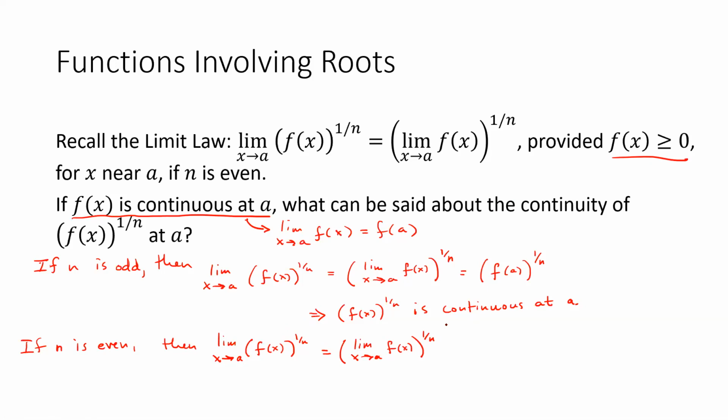So this requires the assumption that f of x is greater than or equal to 0 in some region around a. And moreover here, this would equal f of a to the 1 over n with that extra assumption.